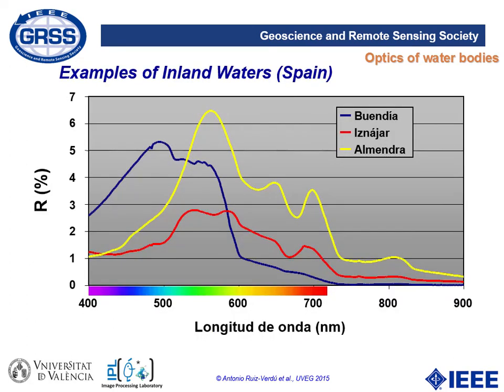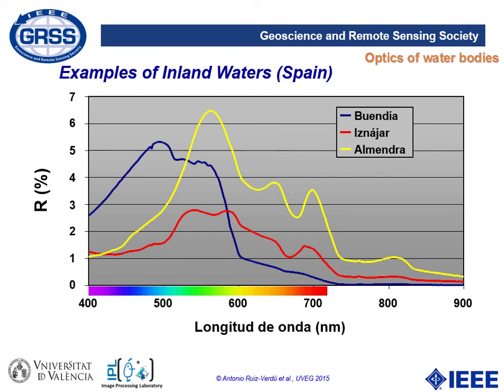Here we can see three different examples of reflectances measured in inland waters in Spain. In the first case, the blue one, it is measured in a relatively clear reservoir, a relatively clear lake, and you see that the reflectance has a peak towards the blue and decreases towards the red.